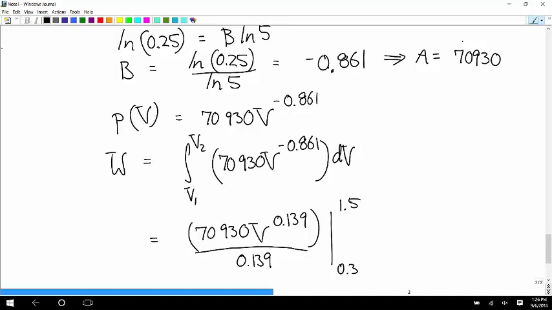Yeah, I just did the integration for like a polynomial term.